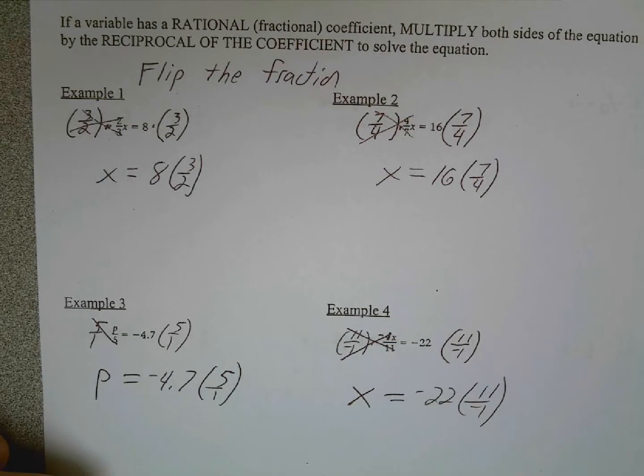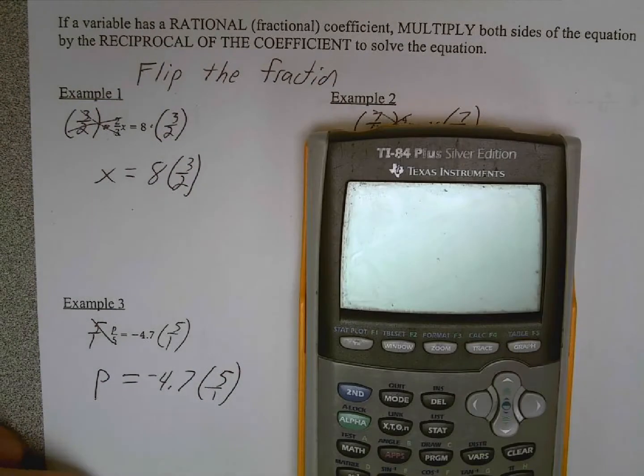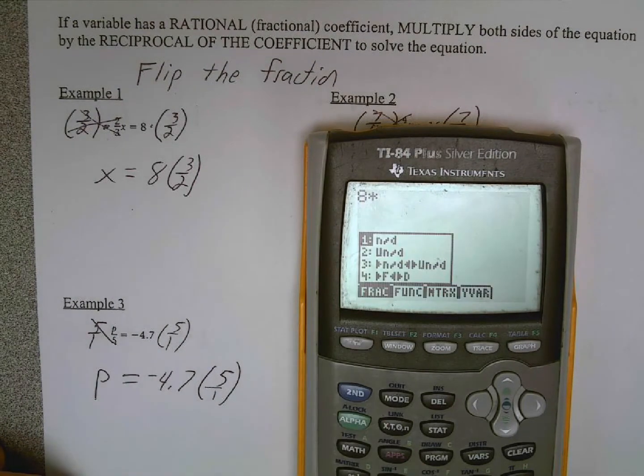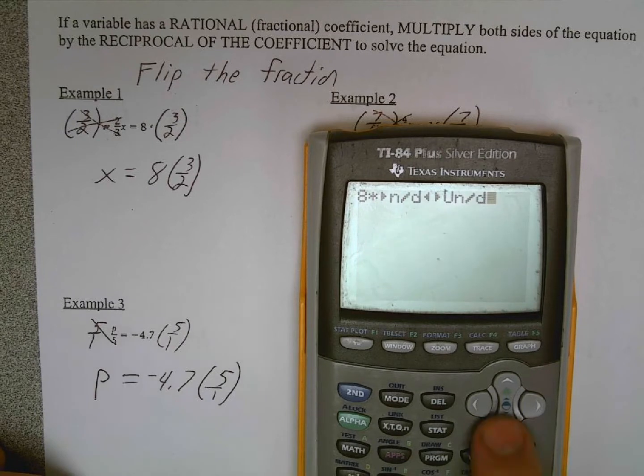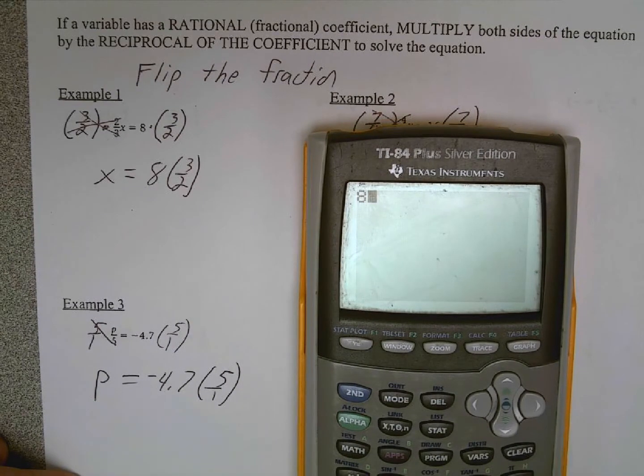So you can either use your calculator and go 8 times alpha y equals 3/2. Right?